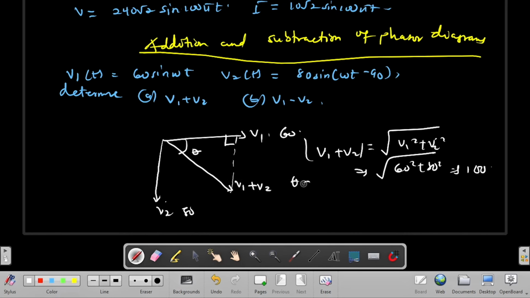Right. So once you have 100 there, the next step is to find theta. Theta is equal to tan inverse of the vertical, which is V2, 80, over 60. Is that not it? 80 over 60. So what's the answer?